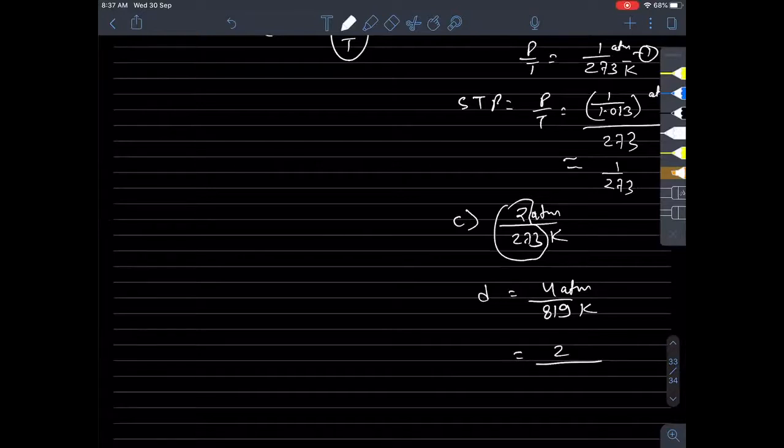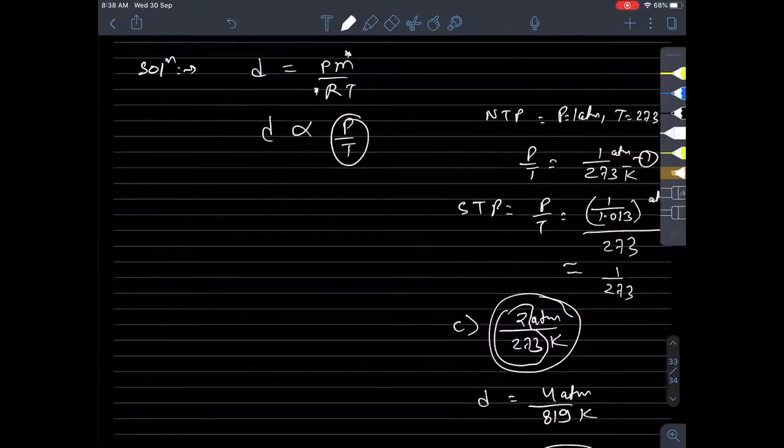Around 3 by 2.0. We can see this is much less as compared to this. So the correct answer will be C, which is pressure 2 atm and temperature 273 Kelvin.